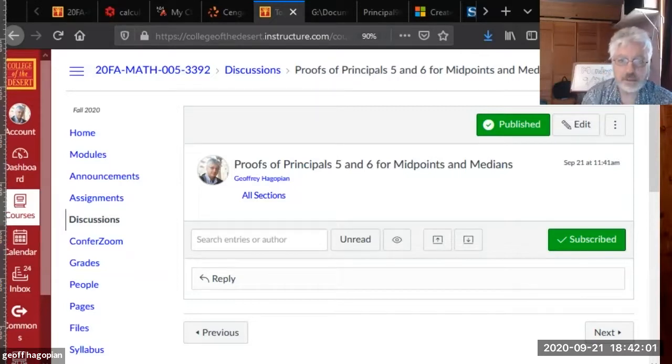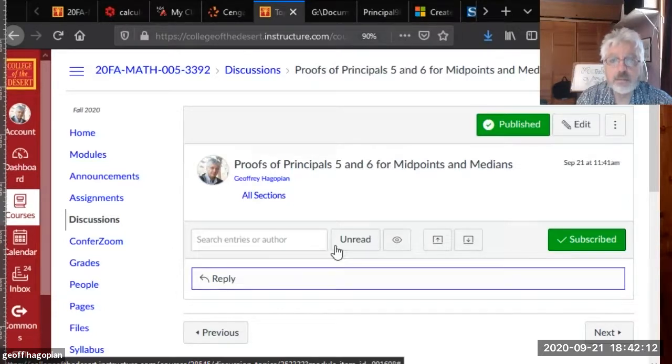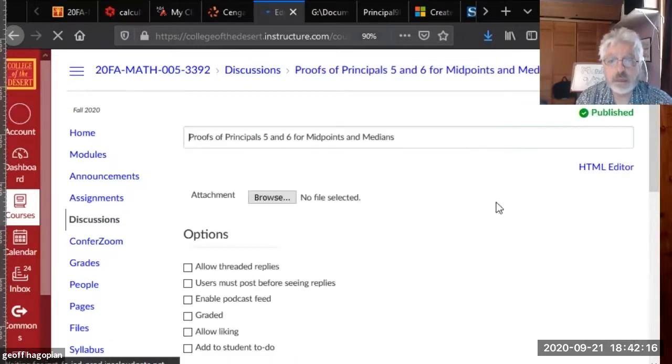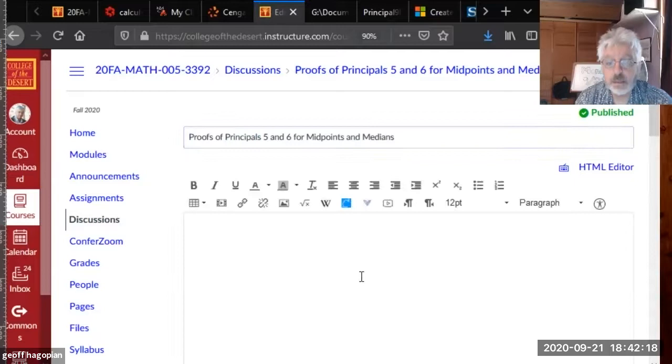It says the length of the median to the hypotenuse of a right triangle is 1/2 the length of the hypotenuse. So let's edit this and we'll say principle 5. The length of the median to the hypotenuse.